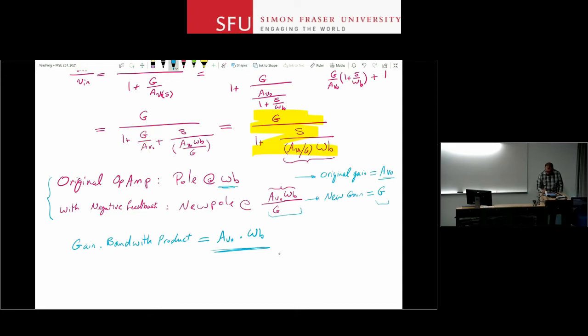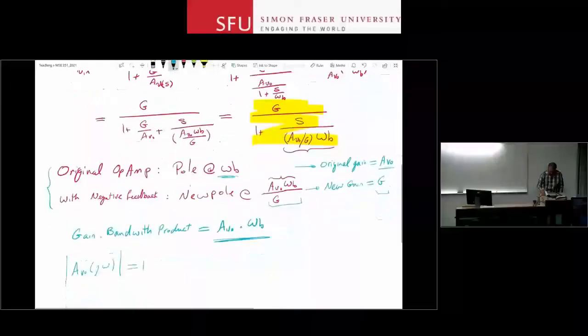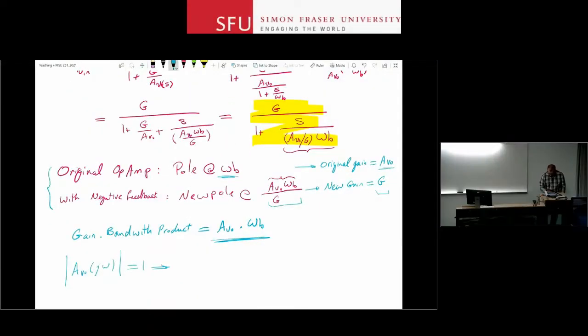This product is also called the unity gain frequency, when your gain drops to 1. So when AV(jω) drops to 1, what is that? It means AV0 over 1 plus jω, let's call it ωT, over ωB.